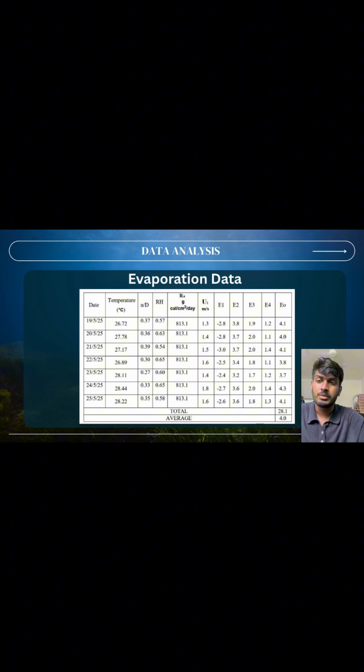The greatest temperature, between 26.72 and 28.44 degrees Celsius, occurred on the 24th of May and gave the greatest EO of 4.3 mm. The daylight ratio between 0.7 and 3.09 during week 2 indicates greater sunlight and clearer skies that were favorable to increased evaporation.